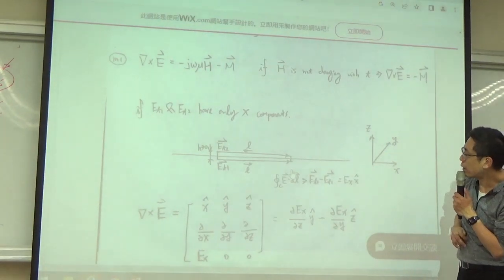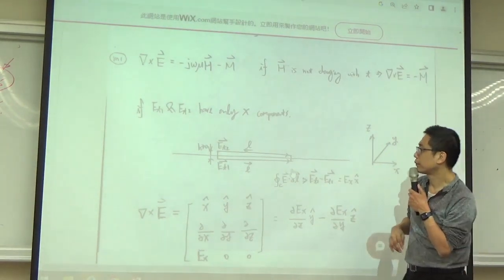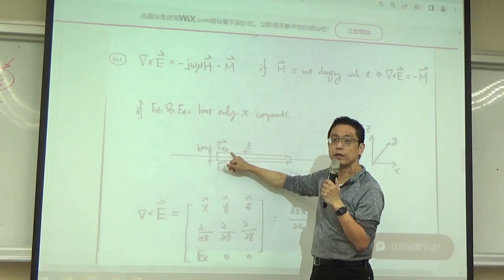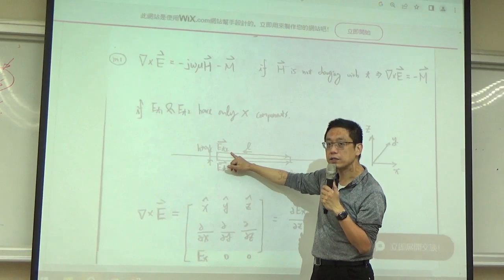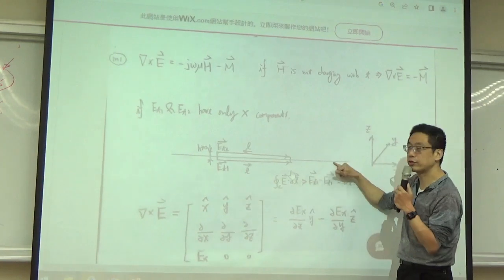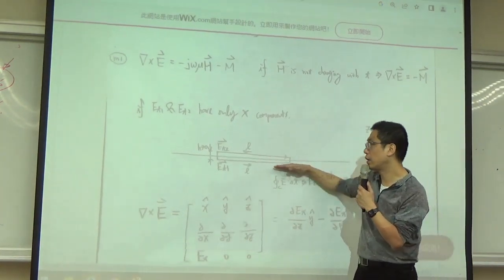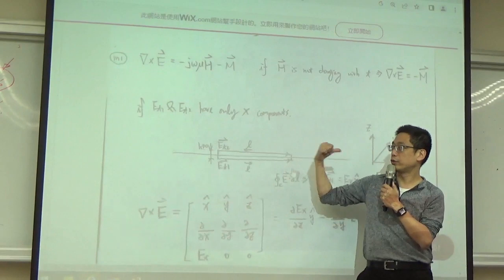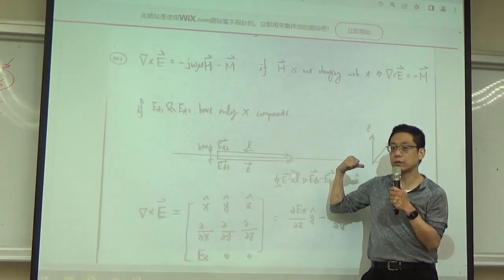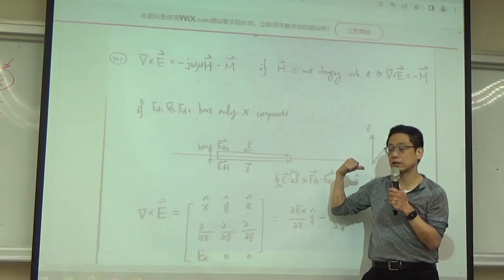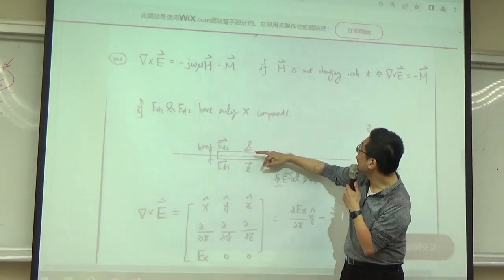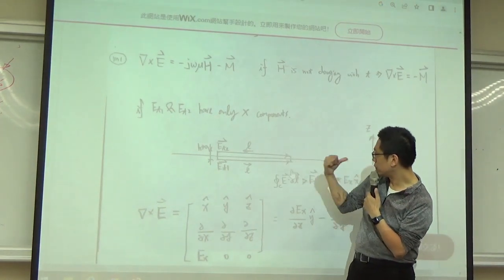So if our ET, meaning ET1 and ET2, has only the component in the X direction, all the ET is going in the positive X direction. Okay, there's no Y, no Z. We can have E in only the X direction.